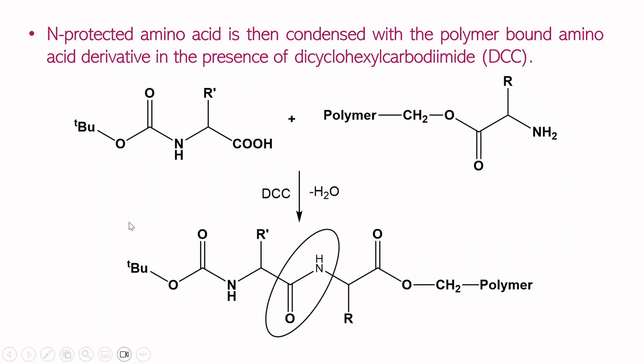In the next step, the N-protected amino acid is reacted with the polymer bound first amino acid in the presence of a condensation agent. Used here is dicyclohexyl carbodiimide, DCC.